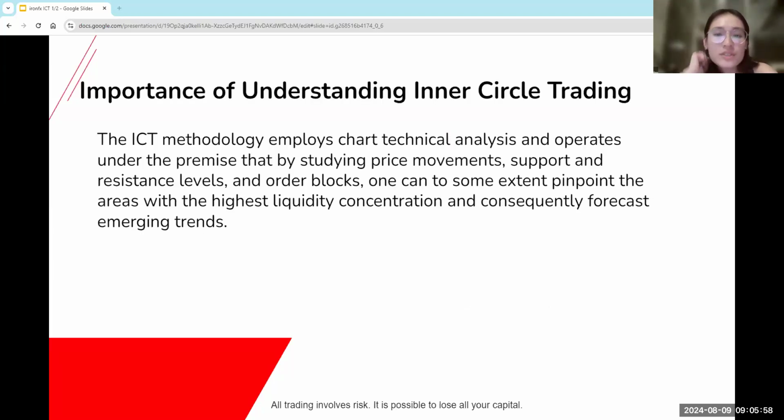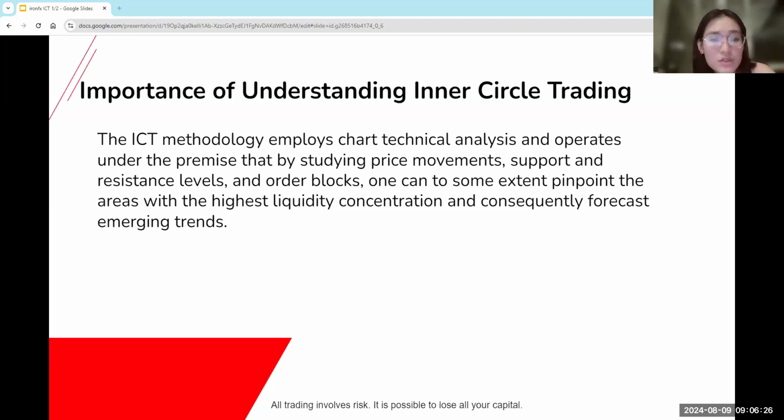So why is it important for us to understand ICT? Well, in today's highly volatile and competitive financial markets, having a deep understanding of how the markets operate can give us a significant edge as traders. By mastering the ICT techniques, you can enhance your ability to identify high probability trading opportunities and effectively manage risk.